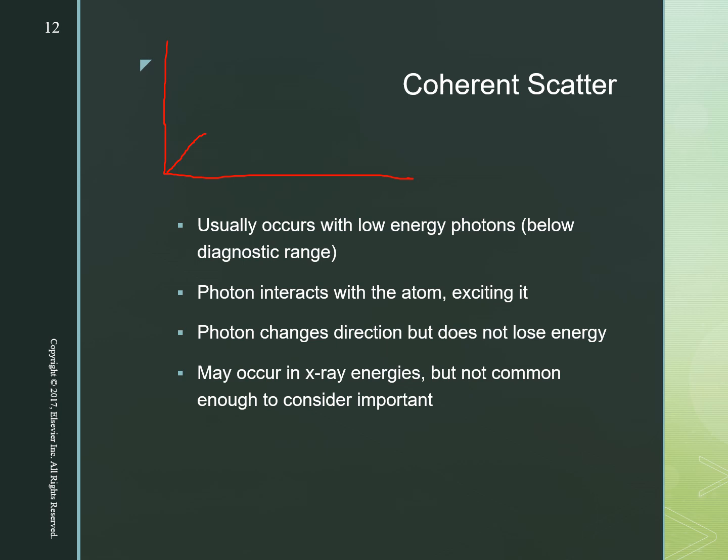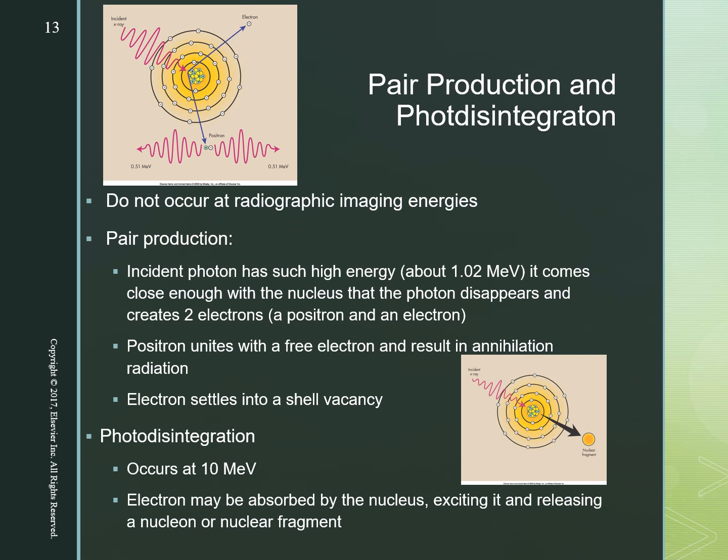So the incoming photon interacts with an atom, excites it for a moment, changes the direction of the incoming photon, but that photon does not lose any energy. So this can occur in X-ray energies, but does not commonly contribute to the image, and so it's not something that we spend a lot of time focusing on.